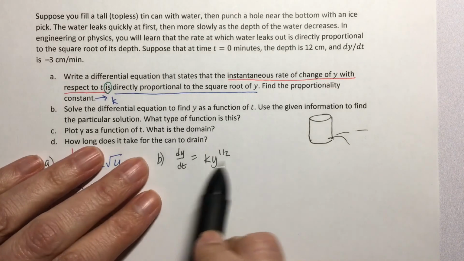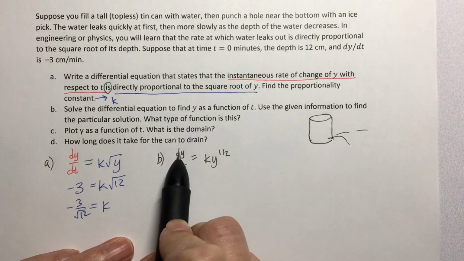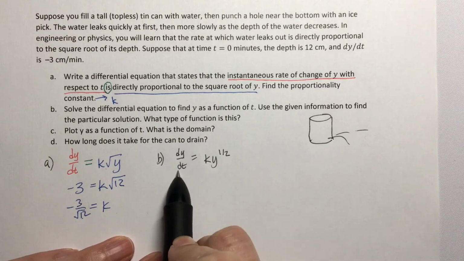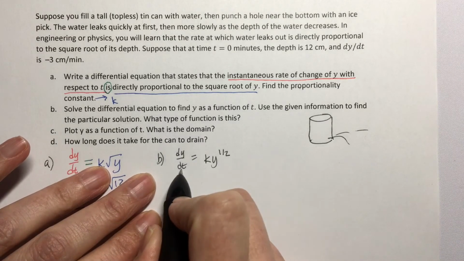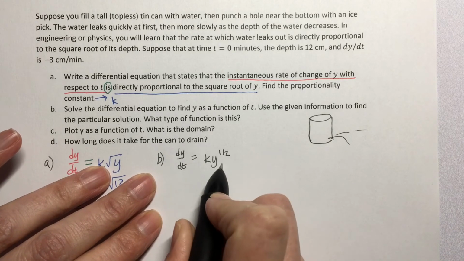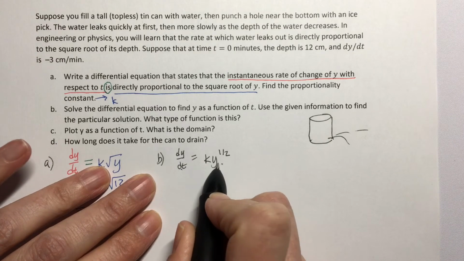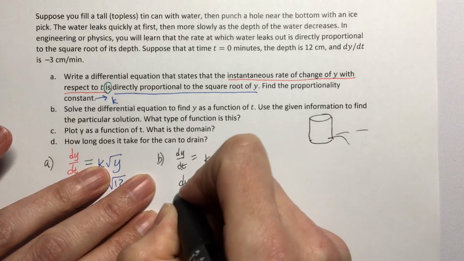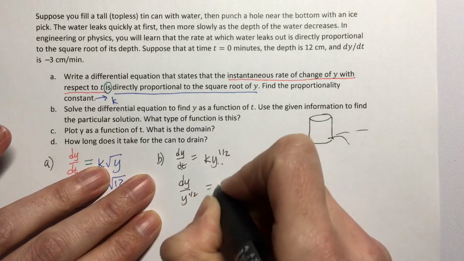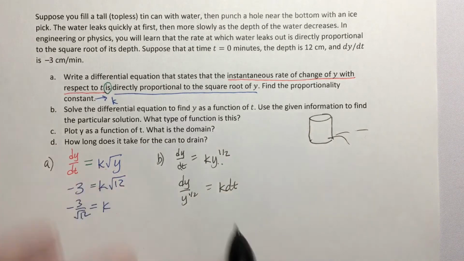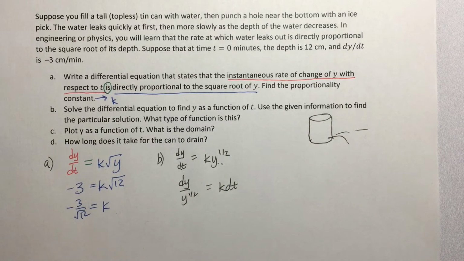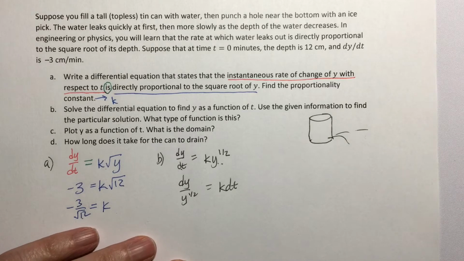Getting my y's with my dy's and the dt away from them, I'll multiply both sides by dt and divide by y to the 1/2, so I have dy over y to the 1/2 equals k times dt. Remember that k is just a number. So we've done the separate, next comes the integrate.